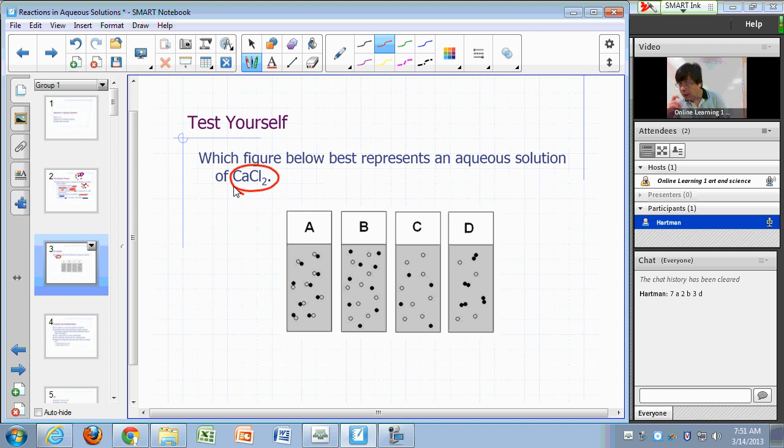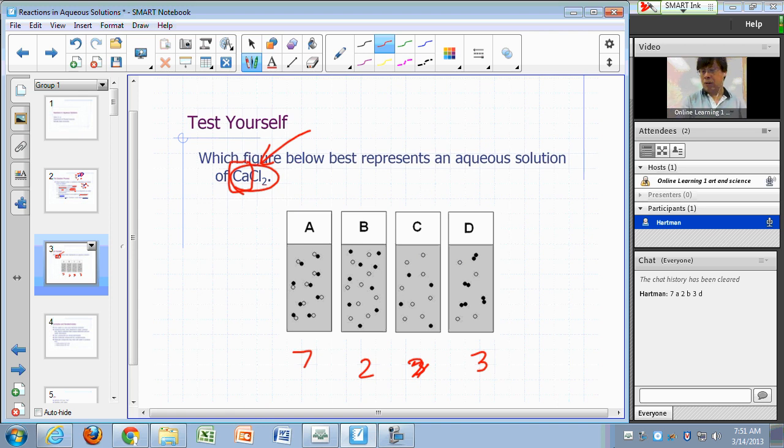Okay, so we have 7 people picked A, 2 people picked B, 3 people picked D. Okay, and so let me give you a review about calcium chloride. If you look at the formula, calcium chloride, you'll notice calcium is a metallic element, right? So if you find it in compounds, you expect it to be positively charged.